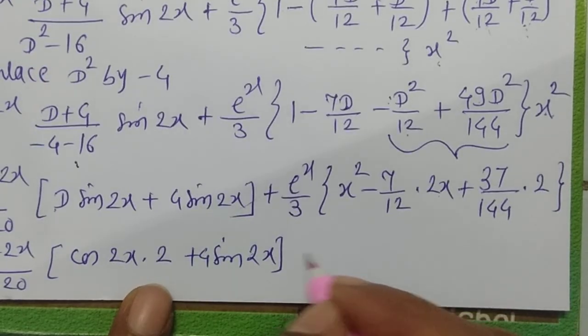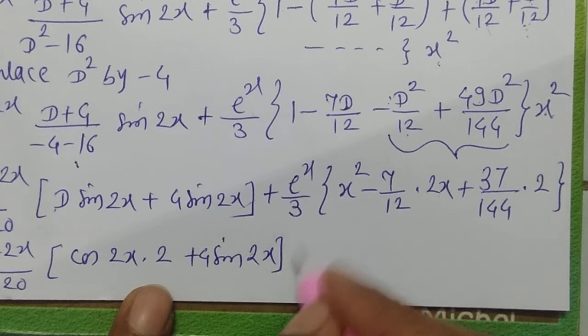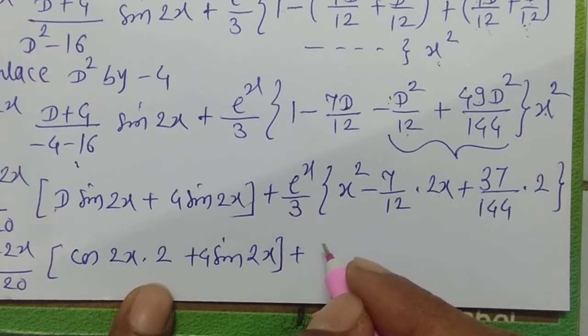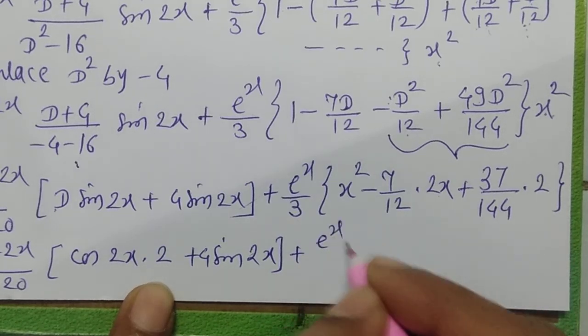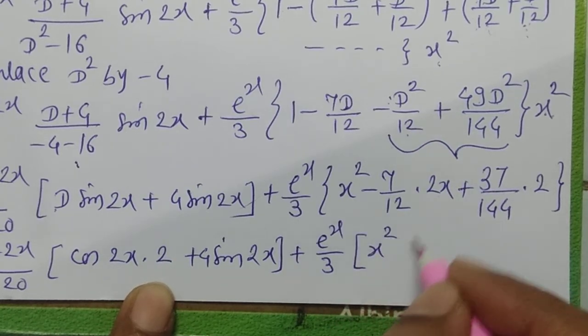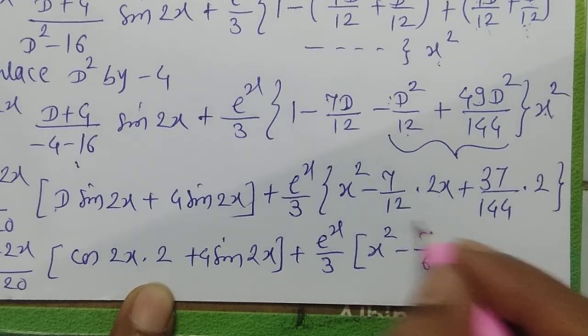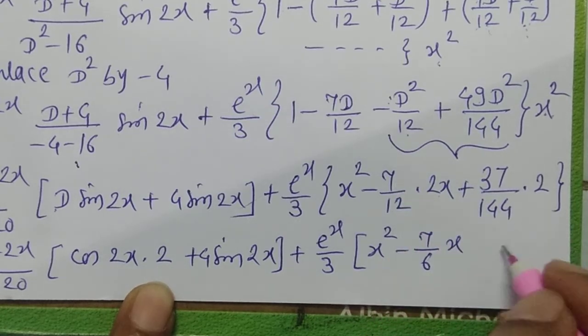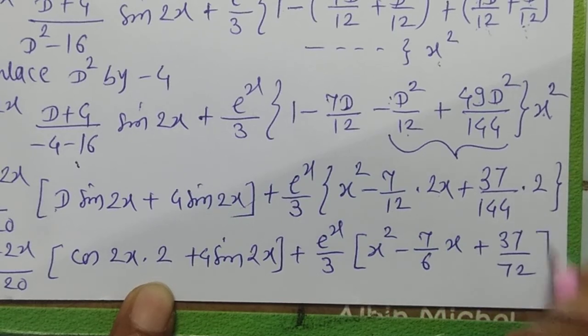So we can multiply by this e raised to x by 3, or we can keep e raised to x outside and multiply by 1 by 3, or we can keep e raised to x by 3 as it is. We can do it in any one form. So this will become x square, this 2 by 12 will become 7 as it is, 7 by 6 x, and this will become 37 by 72.